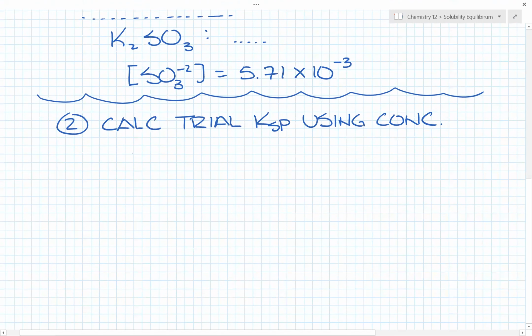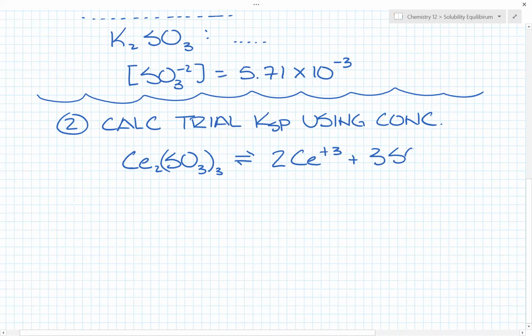So here we have cerium sulfate in equilibrium, which will be 2 cerium plus 3 and 3 SO3 minus 2.